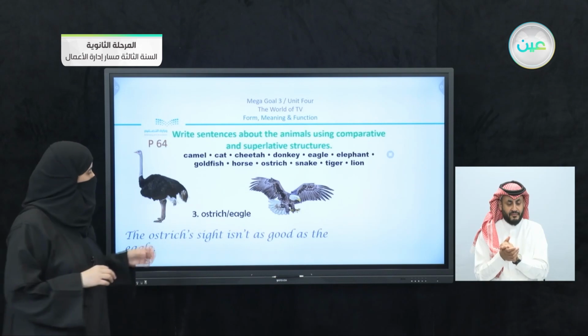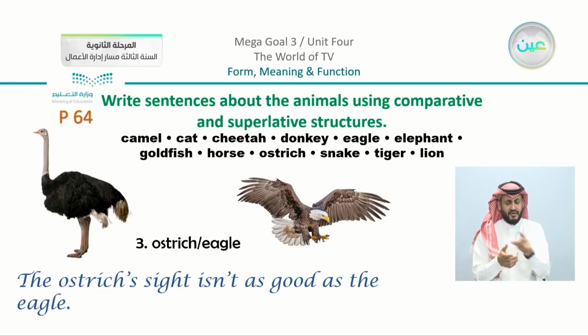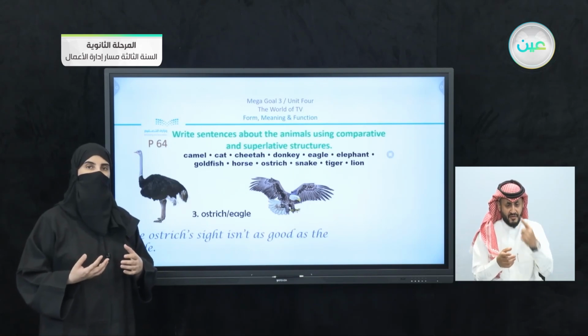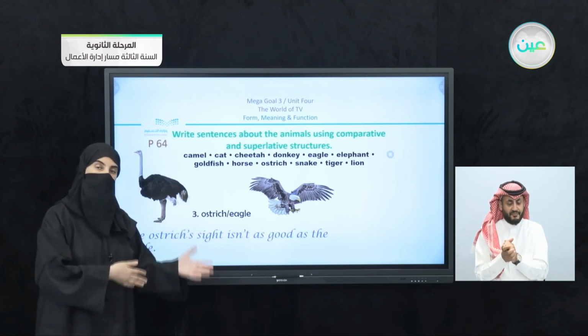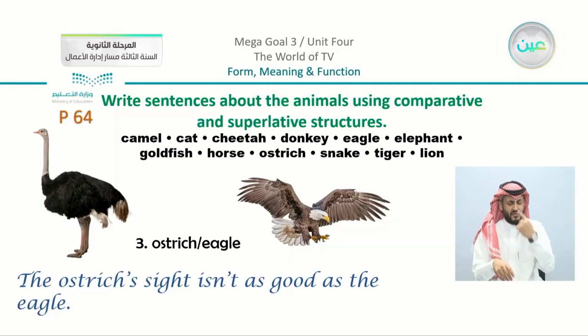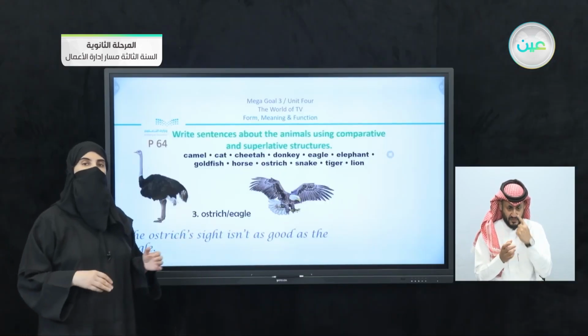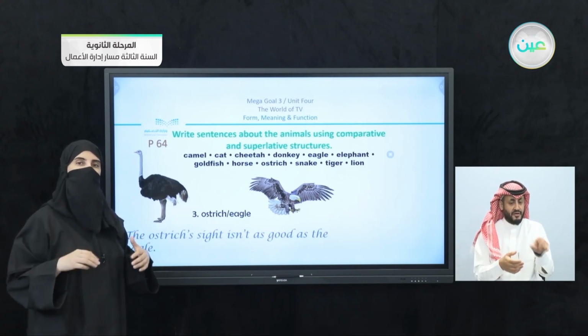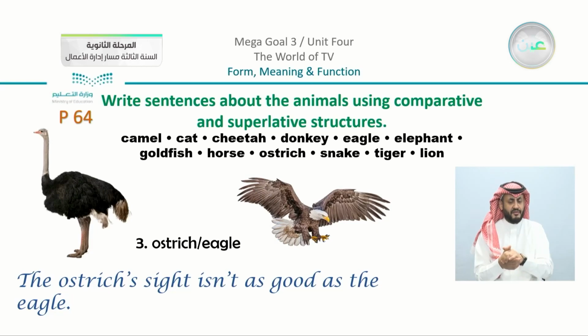Now, the ostrich's eyesight isn't as good as the eagle's. Now, we did mention that it has stronger eyesight than the zebra, but comparing it to the eagle, the ostrich's eyesight isn't as good as. Now here, you can notice that I used the positive degree in comparing, but I added a negative. We have here isn't as good as, which cancels the idea of positive here.